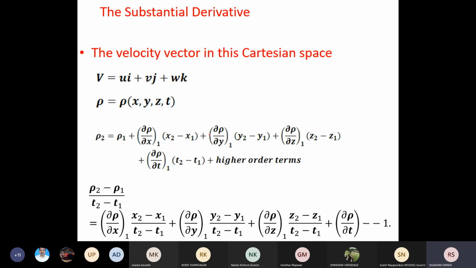For that purpose, what are we going to consider? Consider one fluid element. Suppose it is an infinitesimally small fluid element. I will draw it here. This is a fluid element.